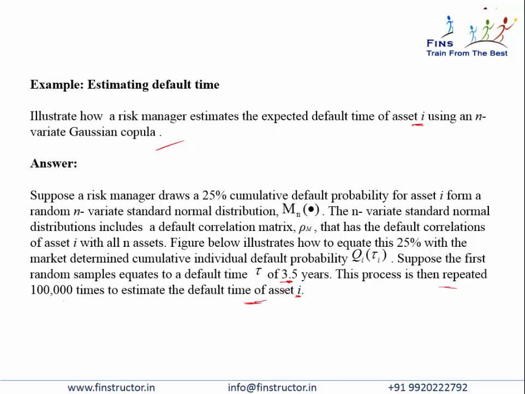So the idea is to compute the expected default time of asset I, given that the default depends on n different variables, and the default correlations with all the n different variables are calculated.